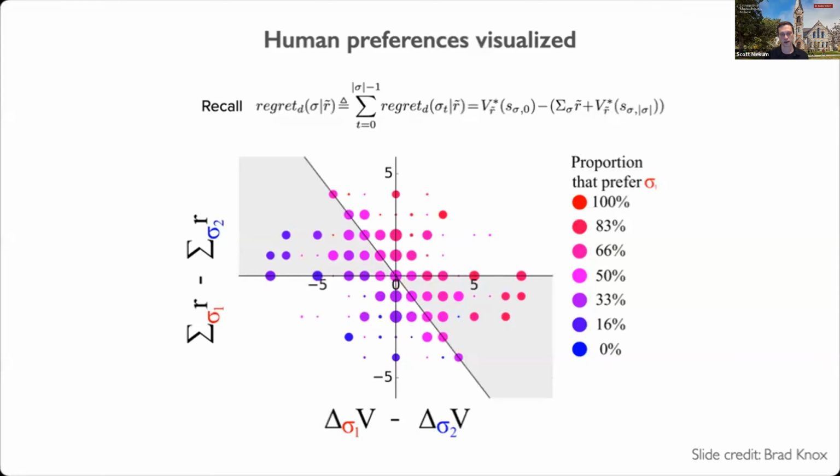So it seems like return is not what's driving people's preferences. On the other hand, the downward diagonal line is the line where regret is equal, and we do see roughly 50-50 preferences along there. And if you look orthogonal to that line, we see a lot of variation, indicating that it does seem like people are giving regret-based preferences.